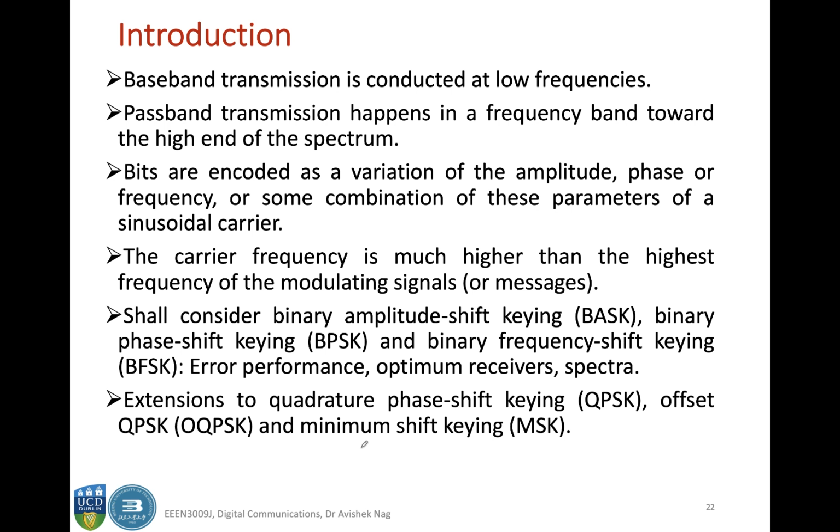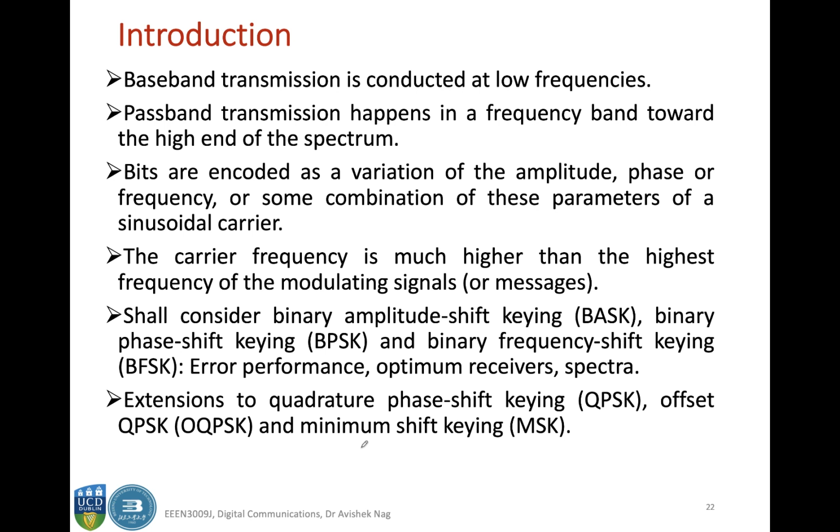Okay, and passband transmission means the modulated high frequency versions. Usually we modulate a signal with a high carrier frequency, much higher than the highest frequency of the message signals.